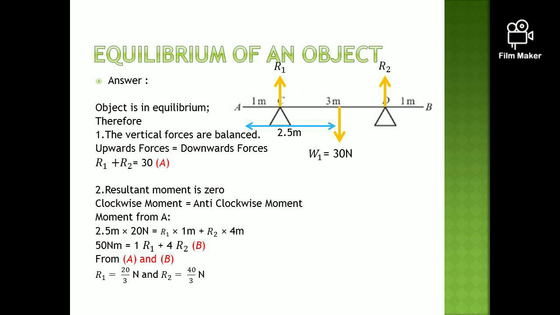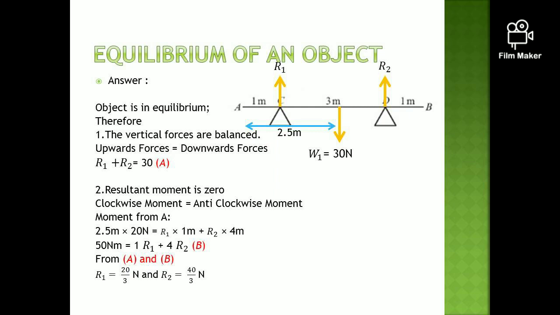Now we know that the rod is uniform. Therefore, I can mark the weight W1 equal to 30 newtons at 2.5 meters, half of 5 meters, from A, or if you want you can mark it from B, it doesn't matter, you get the same length. Then I can mark the two reactions R1 and R2 over the two pegs at C and D.